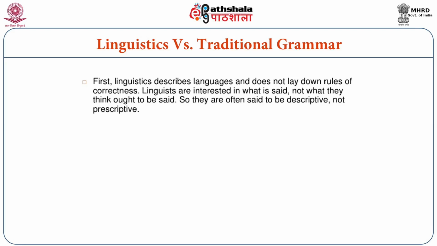He is interested in what is said and not what ought to be said. In this way, we can say that there are various differences between being a linguist and being a grammarian. They are often said to be descriptive and not prescriptive. There is one more difference.